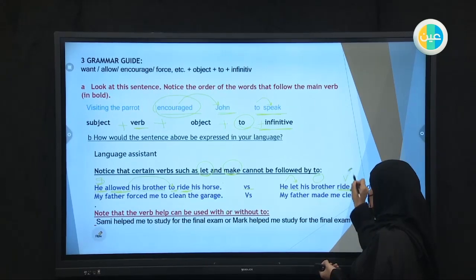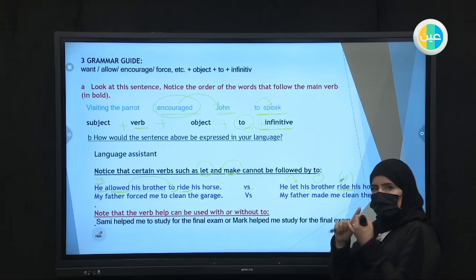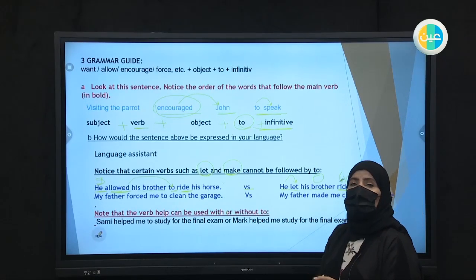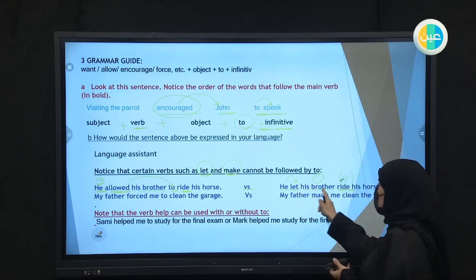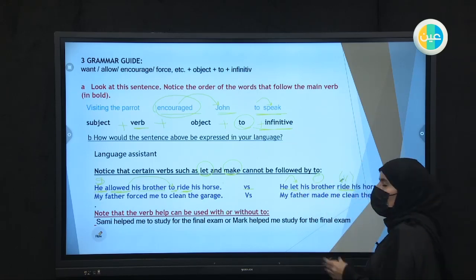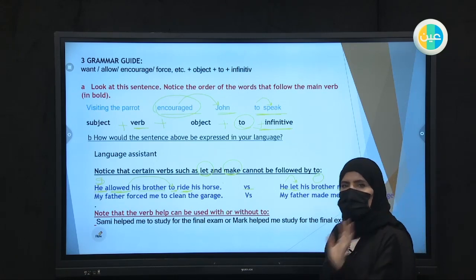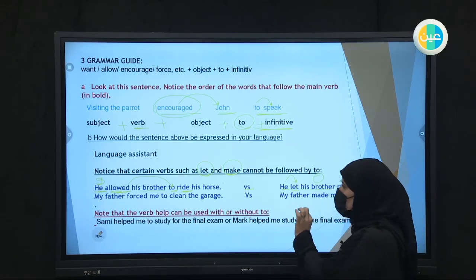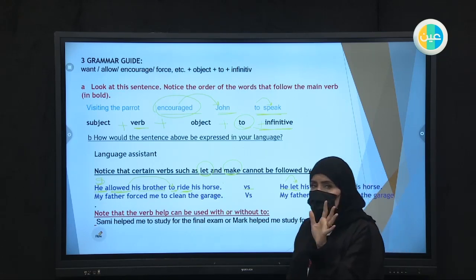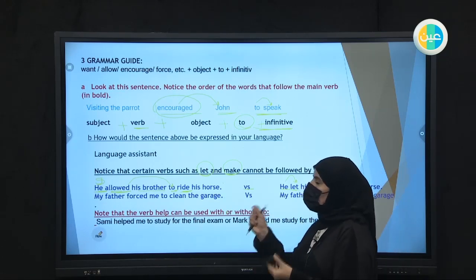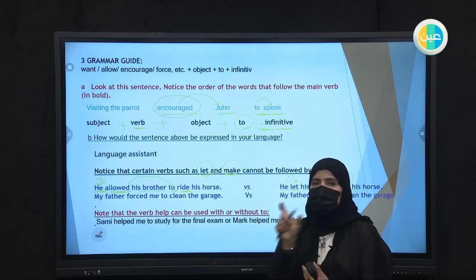So the verb, as you notice here, is in its infinitive without to. So my sentence is: he let his brother ride his horse. هو جعل أخيه يمتطي الحصان. As you notice here, we keep the meaning of the sentence as it is without any addition, and we just make a little bit of change with the verb itself.